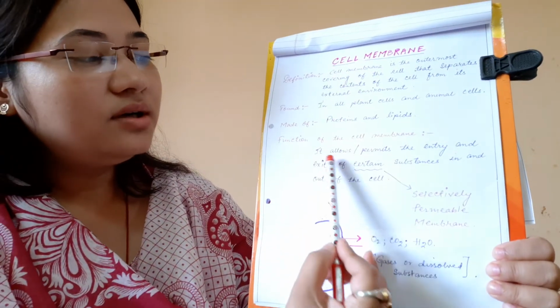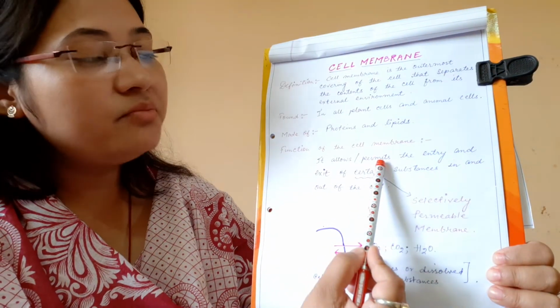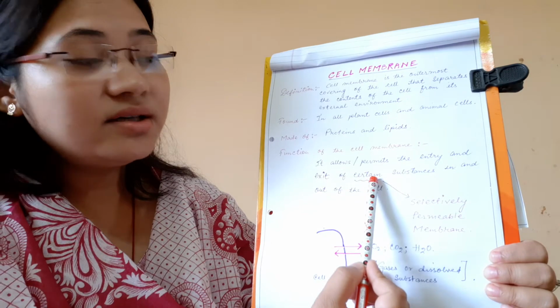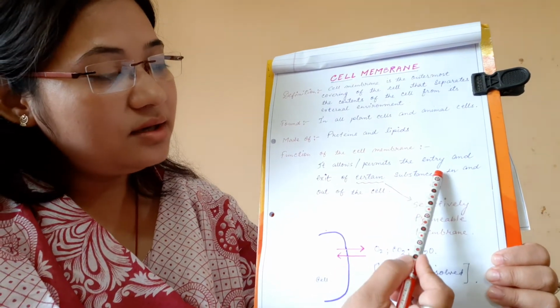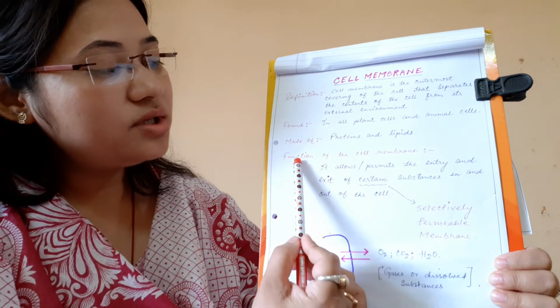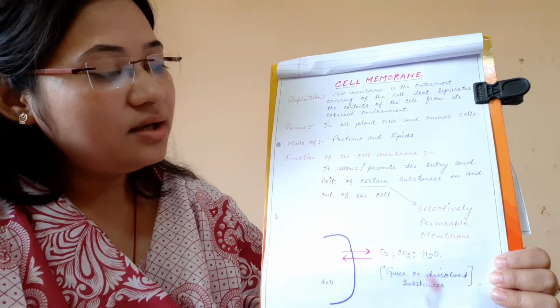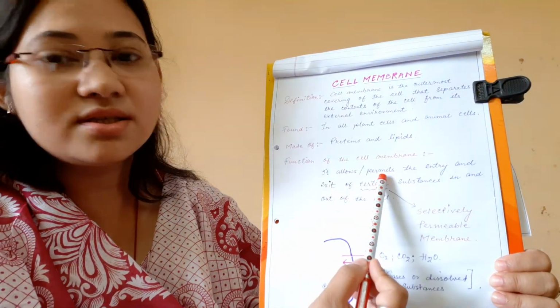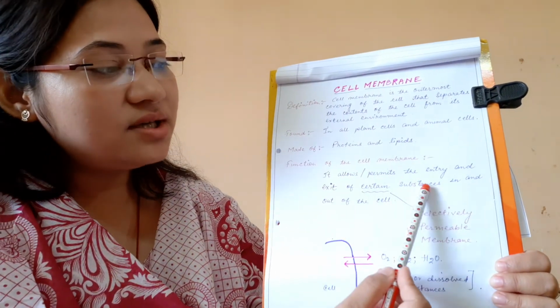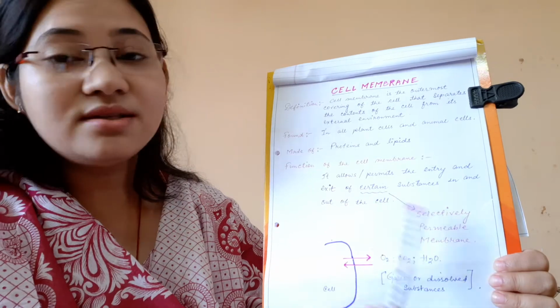The cell membrane allows or permits the entry and exit of certain substances in and out of the cell. Once again, the most important function of the cell membrane is that it allows the entry and exit of certain substances in and out of the cell.